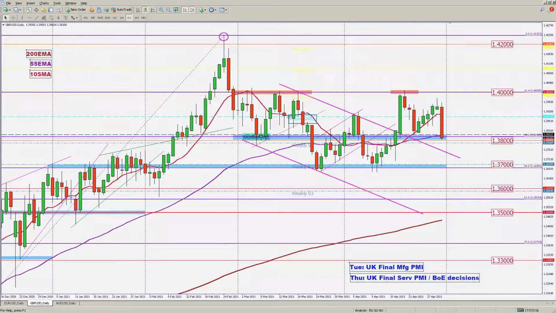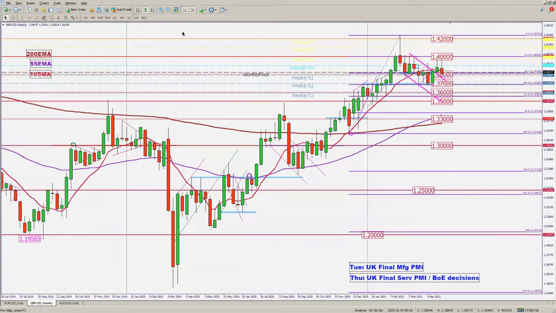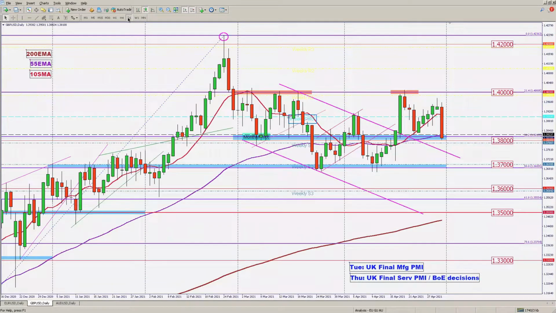Let's take a look at the weekly time frame, where that could be a signal for the bearish move for the week and more consolidation. Go back to the daily time frame.